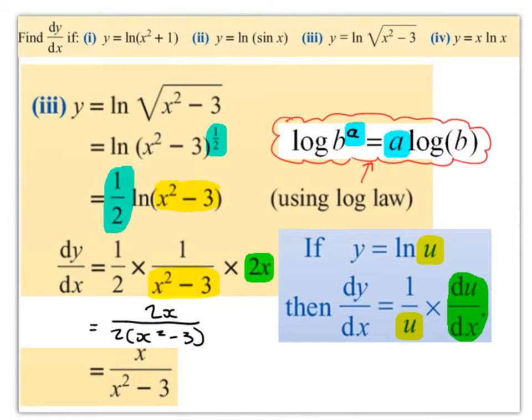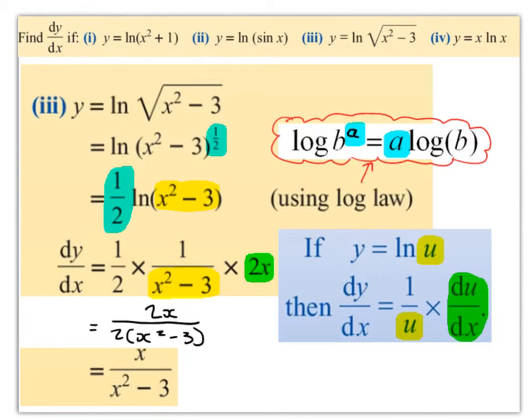Next, we use our chain rule. So dy/dx, the derivative of y with respect to x, we just bring down the half. Then we differentiate. So we have 1 over u, where u is x squared minus 3, multiplied by du/dx, the derivative of u, so the derivative of x squared minus 3 is 2x.